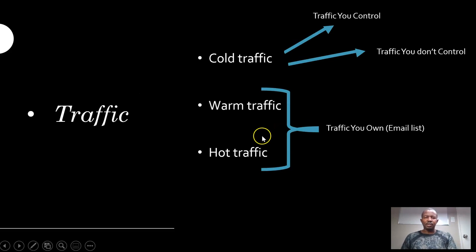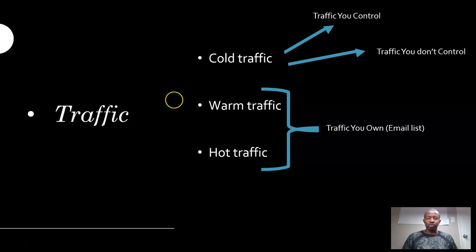Okay, so let's see now traffic. Traffic is a very interesting thing to really understand before you send your offer to solo ad traffic. Basically we have three types of traffic: traffic you control, traffic you don't control, and traffic you own.